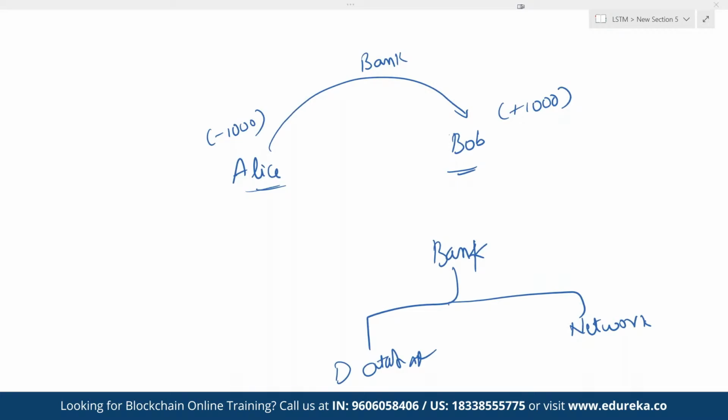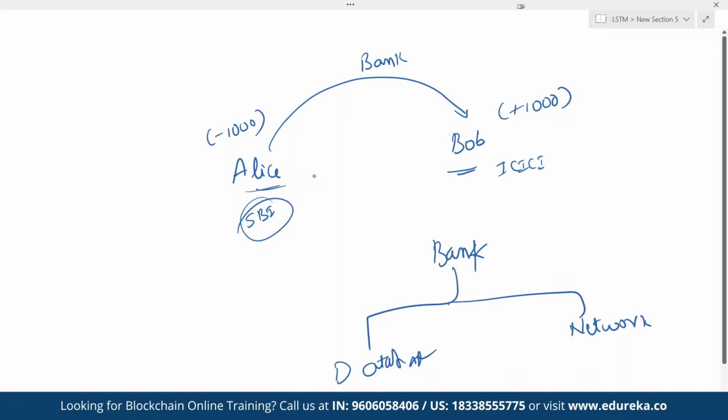Let's suppose Alice has an account in SBI and Bob has an account in ICICI Bank, so it has to use some kind of network to send this amount from SBI to ICICI Bank. So this is what a network is all about. Now here, when I say network, it's like the overall benefit that we have.